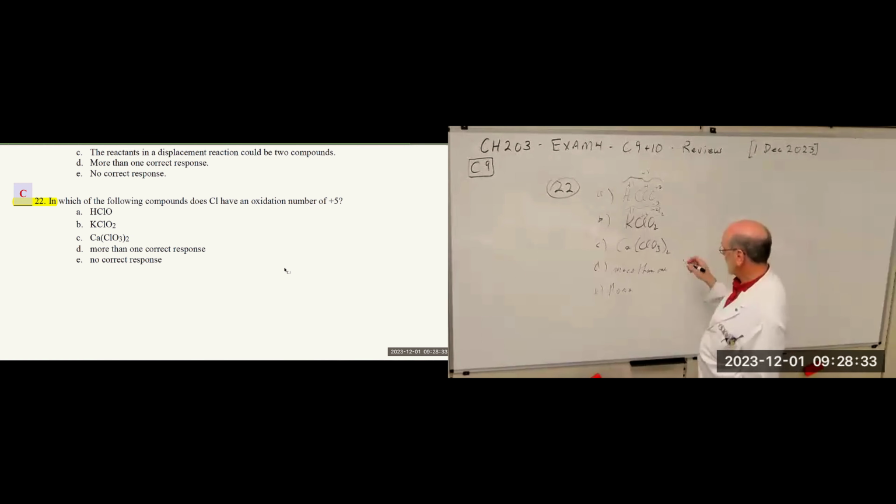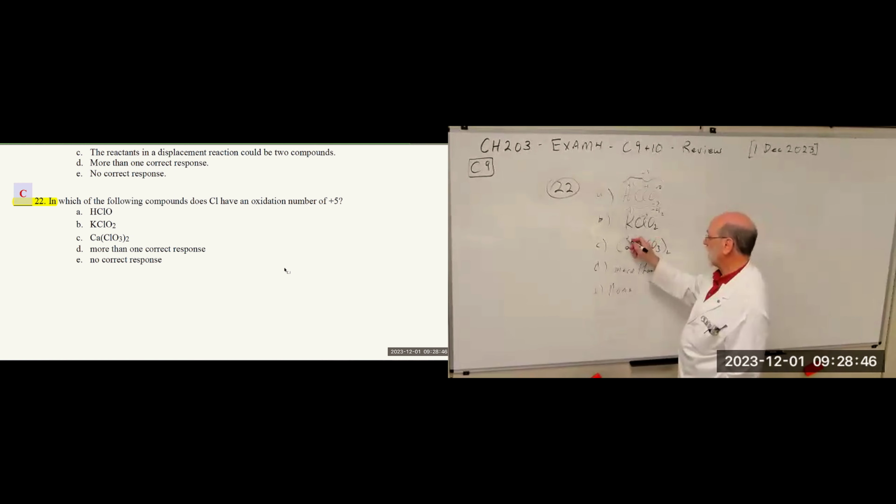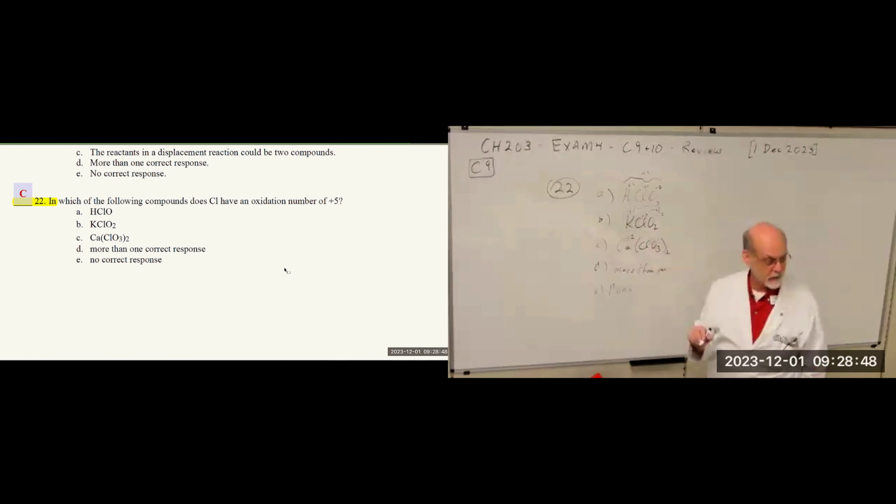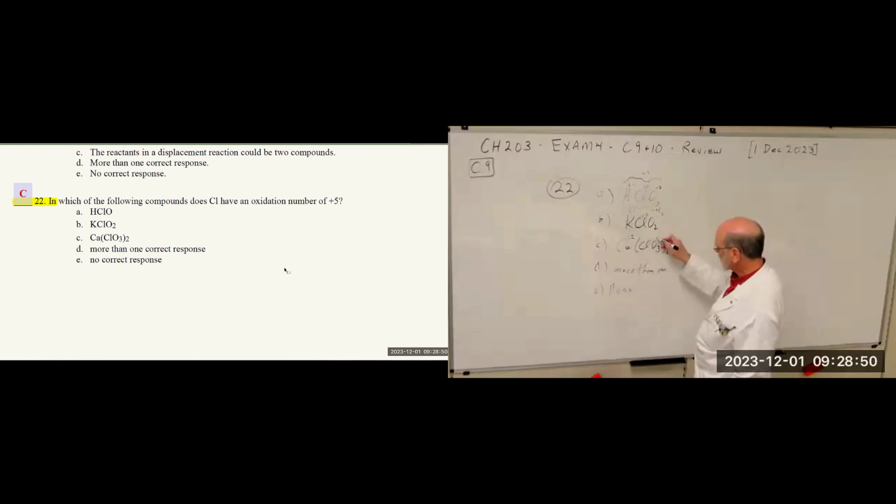All right. We can approach this one two different ways. We can take the whole compound together. Let's do it that way. Or you can take this polyatomic ion separately. Either way works. So calcium is always +2. It's an alkaline earth. This one's -2 for a -6 here, but there are two of them, so that's -12.